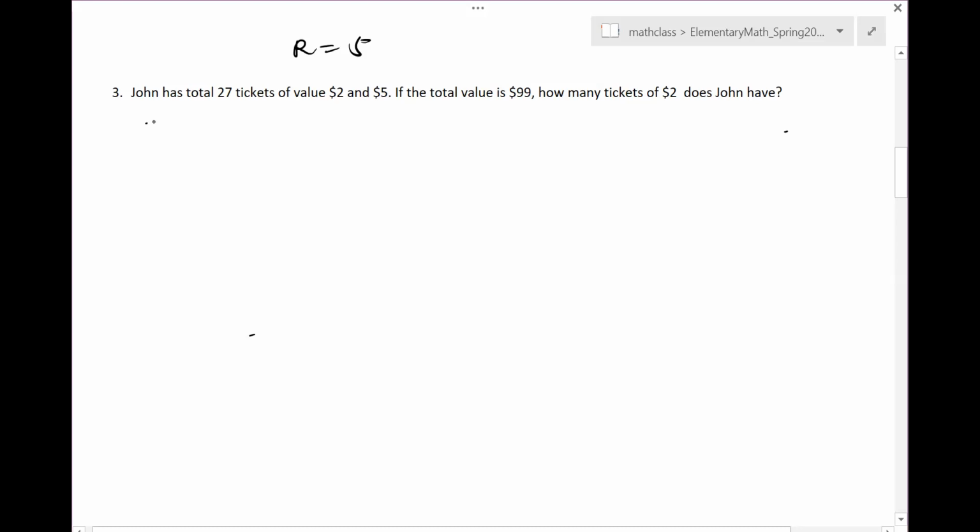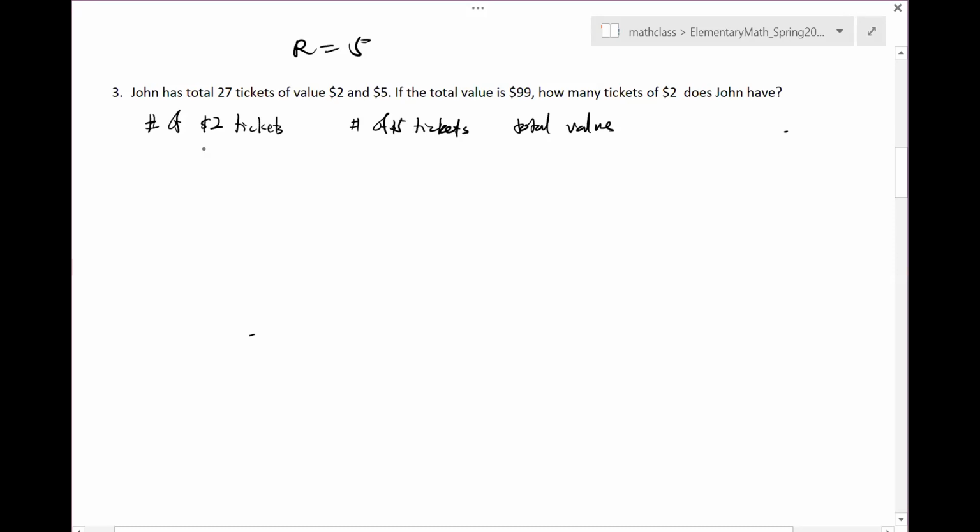So this side, the number of $2 tickets, okay, this will be the number of $5 tickets, right? And then here is the total value, right?